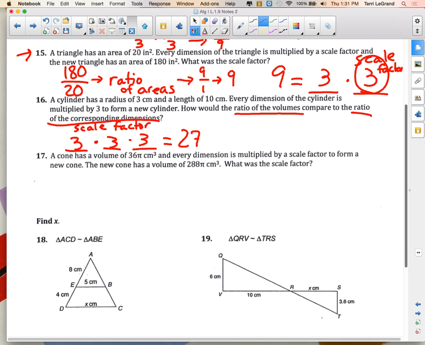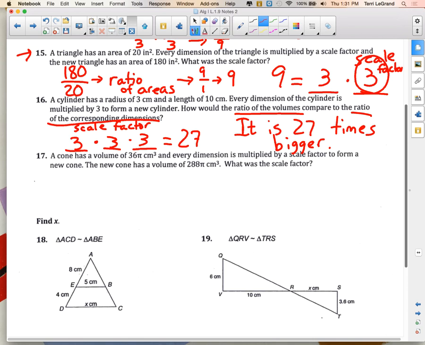So our ratio of volumes is 27 times bigger. Not 3, not 6, not 9, 27 of them. It's just like that cube I was just showing you guys, right? 27 of them fit in here because we tripled the dimensions. Okay?